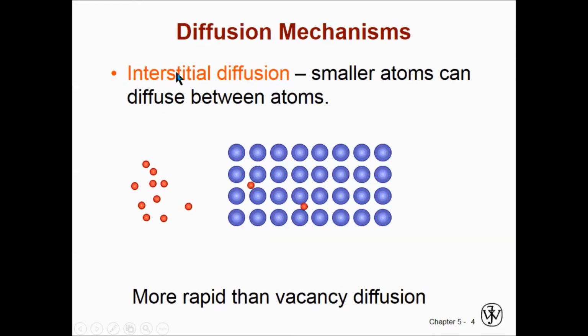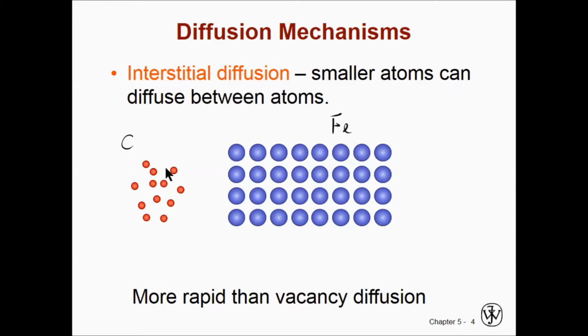That is the second diffusion mechanism for solids. Here you see I have a perfect crystalline structure, no vacancies. Here if you see these interstitial spaces between atoms, let's say this time this is iron and this is carbon atoms.